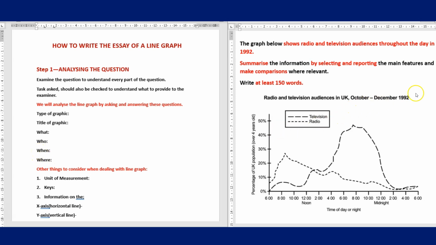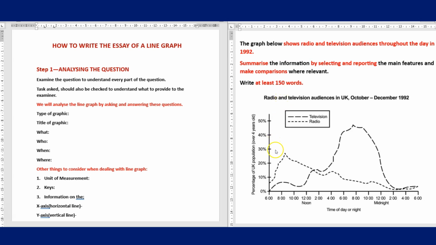We could see from here that it was actually in 1992, but when we come into the question itself, it has more than just 1992. You can see from October to December, right? So it's not just 1992, but we are analyzing what happened from October to December.